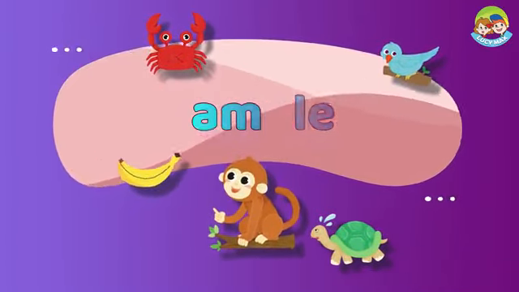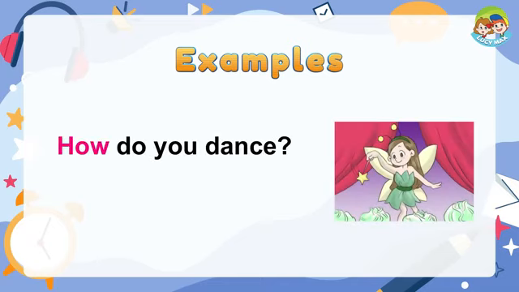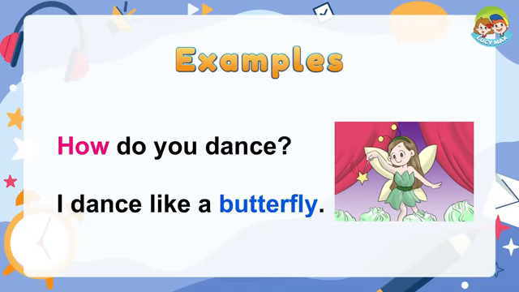Examples. Let's look at some examples. How do you dance? This is asking the way you dance. I dance like a butterfly.